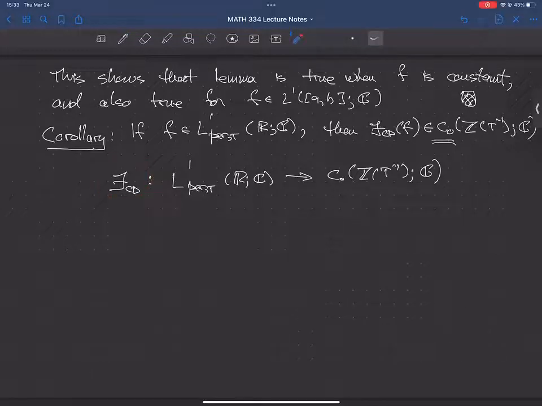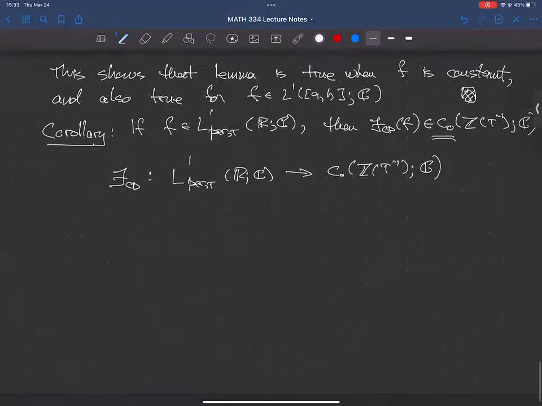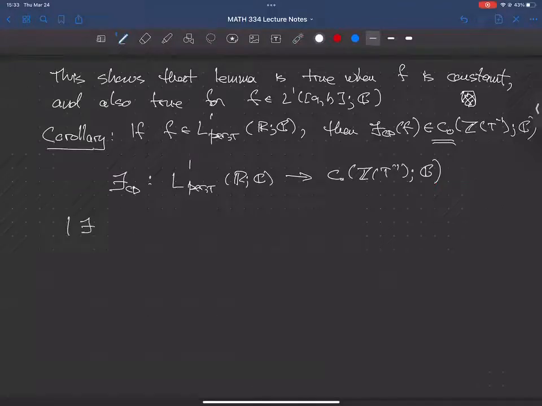And so to check this out, let's calculate the infinity norm of the CDFT of something. The infinity norm is just calculated by calculating the magnitude of the values. So let's calculate the magnitude of the value of the CDFT of something in L1.